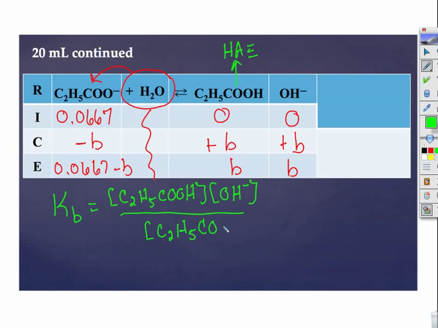Now, some of you are seeing a problem already in that we didn't give you a Kb value. Okay? Well, if you know Ka, you can always get Kb because Kb is simply Kw divided by Ka.